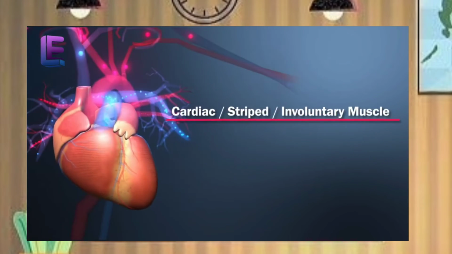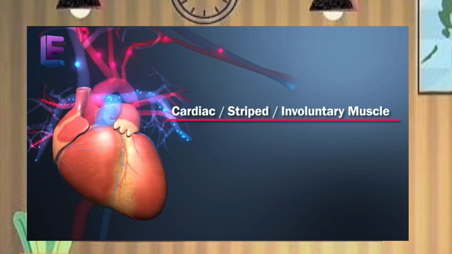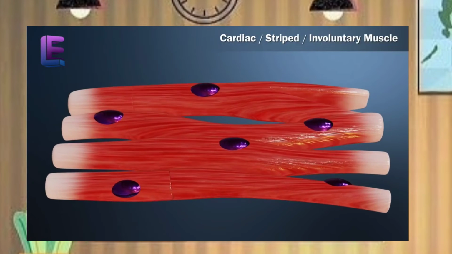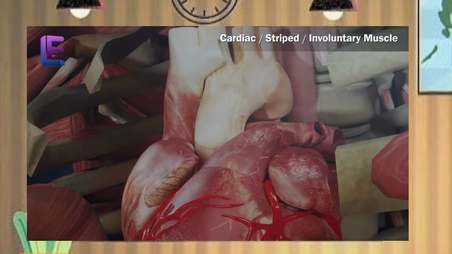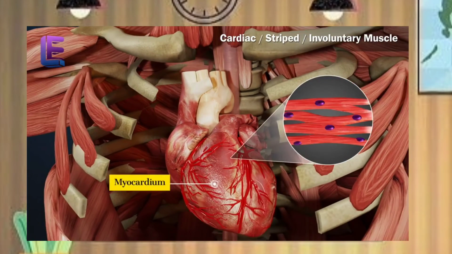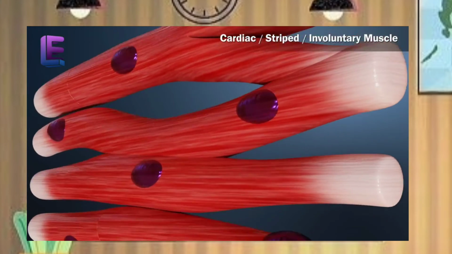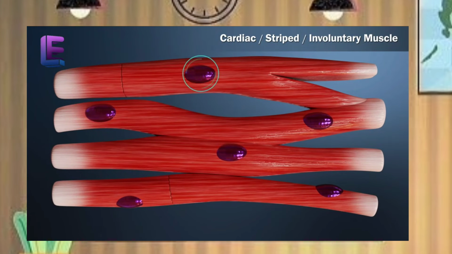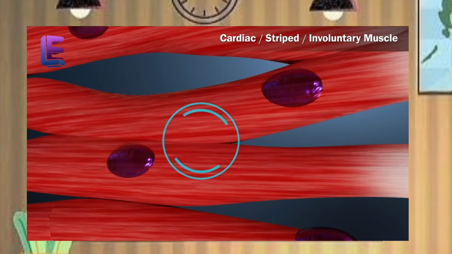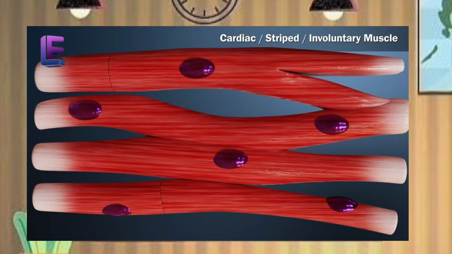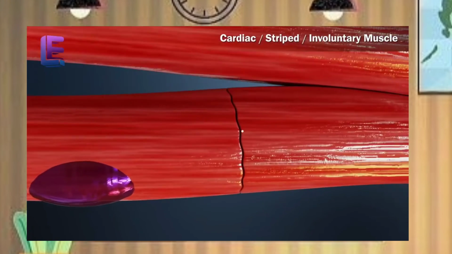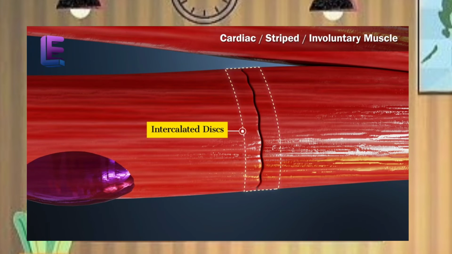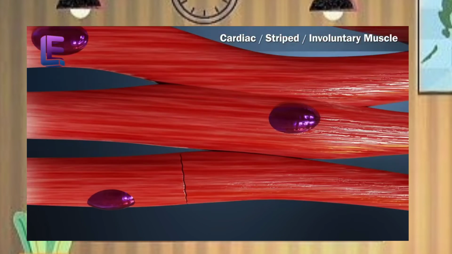Cardiac, or striped, or involuntary muscles. Like skeletal muscle, it is striped. They form the myocardium of vertebrates. Cardiac muscle cells are short and cylindrical with one or two nuclei. They have joints between them to ensure the conduction of electric signals throughout the heart. Cardiac muscles have intercalated discs. These discs are their differentiating feature. These contain gap junctions.